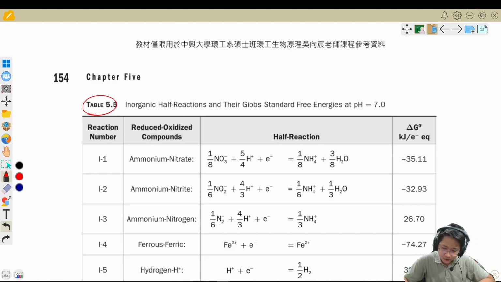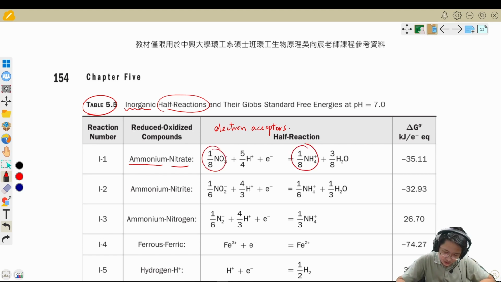And table 5.5 has inorganic half reactions, and generally they are used for electron acceptors. Sometimes they combine two inorganic substances, for instance from ammonia to nitrate, or converting ammonia to nitrite.